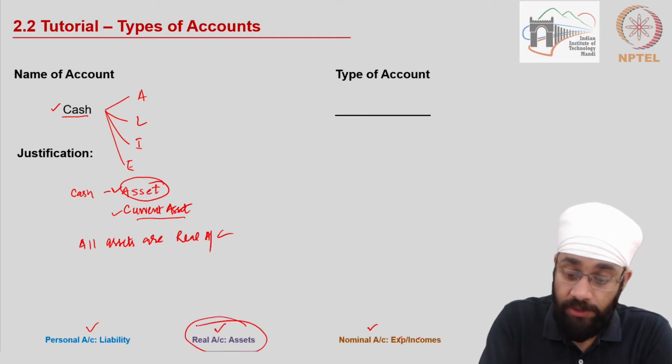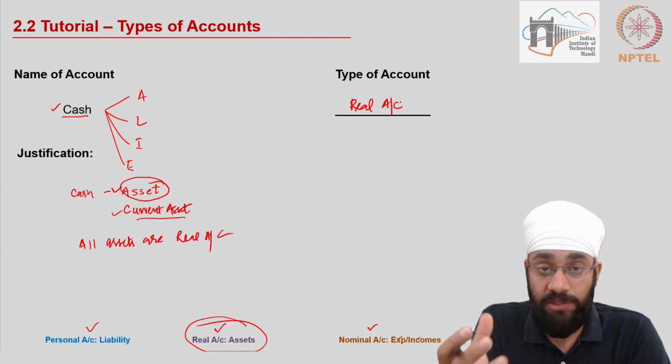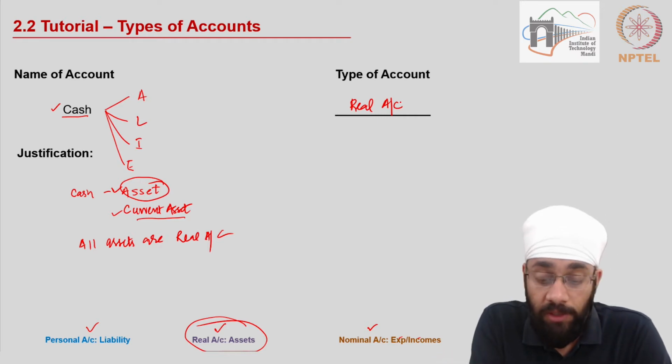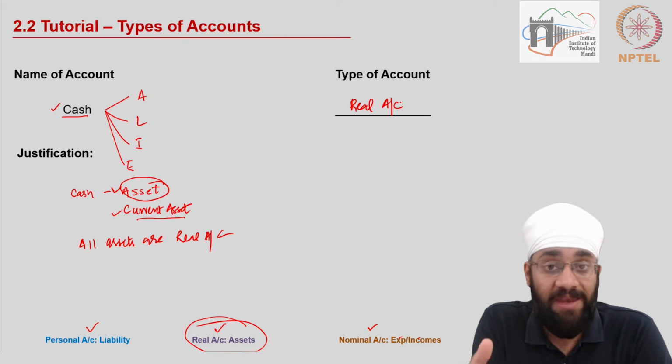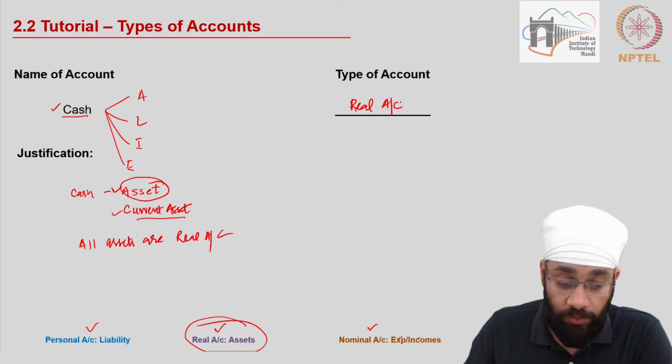So we are using this rule and we are saying real account. Now let me repeat. The word real does not mean anything in itself. Do not refer to the English language meaning of the word real. It is just a nomenclature. Anything which is an asset will be categorized into a real account. That is it.